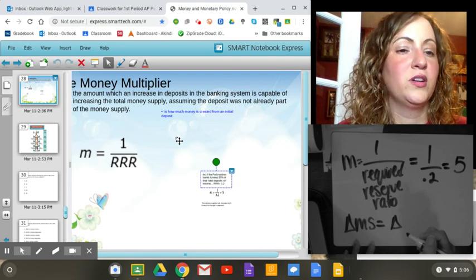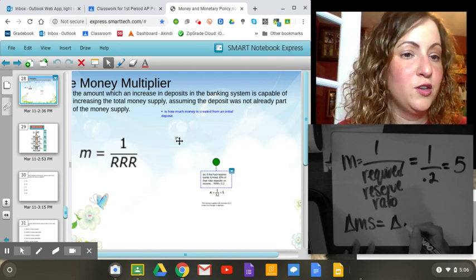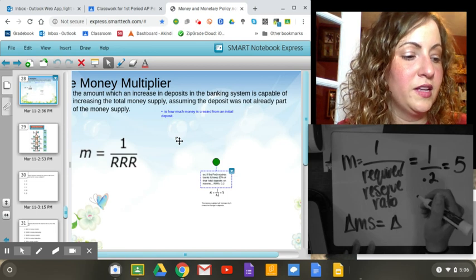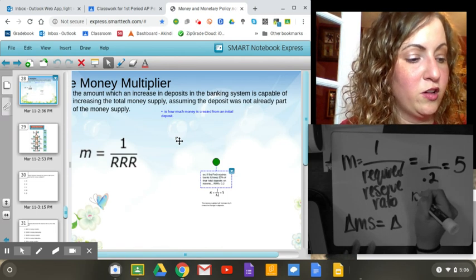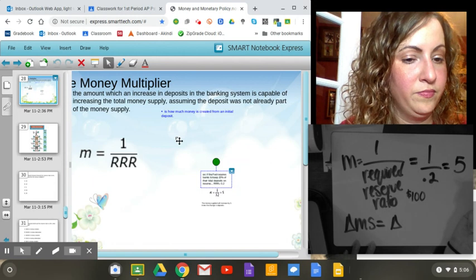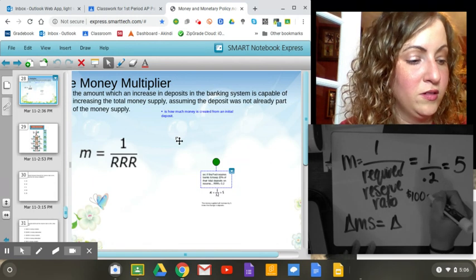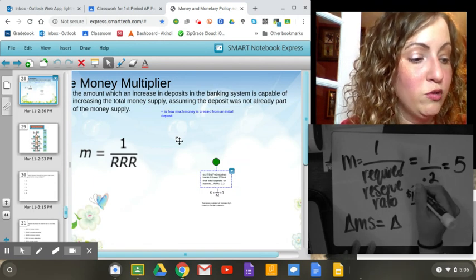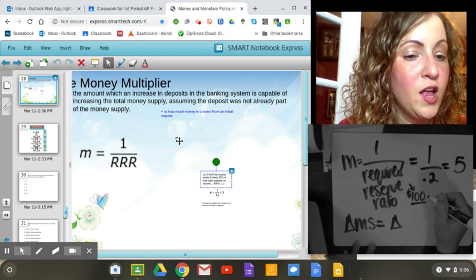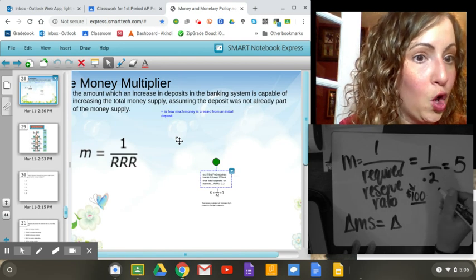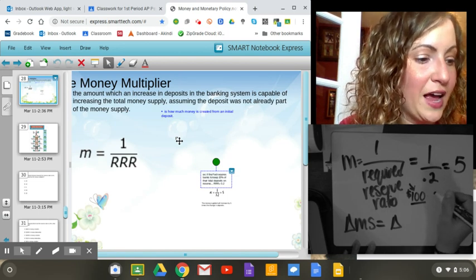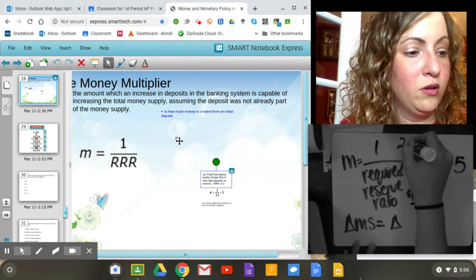I'm not going to say change in deposits because, let's say that you deposit $100. The $100 is not all going to be loaned out.